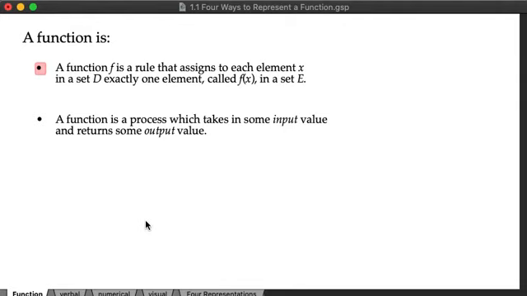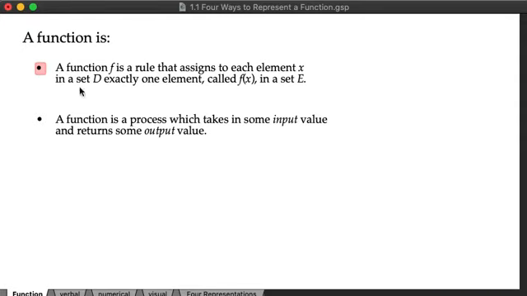So it takes input values and converts them into certain output values. For example, the squaring function takes an input of 3 and returns an output of 9. So it's important to have this practical working definition of a function as just a thing that converts inputs to outputs.